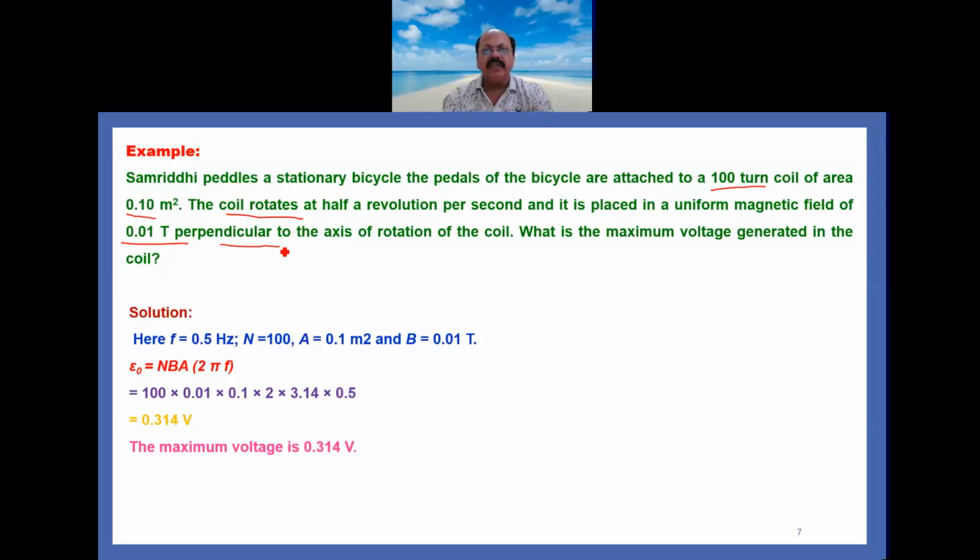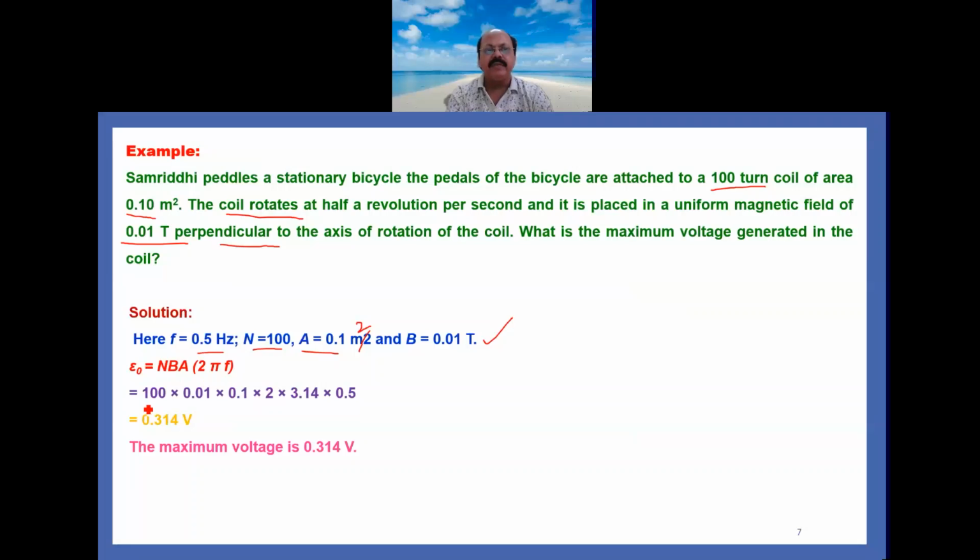Then you see the solution here. Whatever values are given are written over here. Frequency f is 0.5 hertz, N is 100, A is 0.1 meter square, and B is 0.01 Tesla. Apply the formula E naught equal to N B A omega, where omega is 2 pi f.